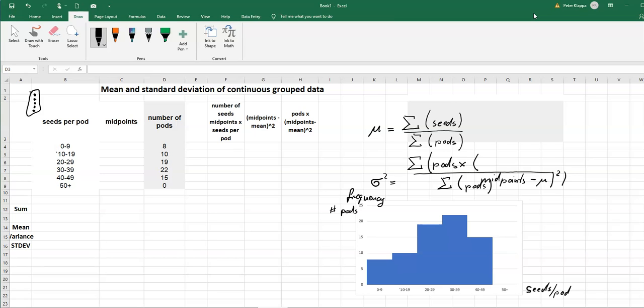And we can already see that between 30 and 39 seeds per pod has the highest frequency, so that would be our mode in this case. The mode would be between 30 and 39 seeds per pod.